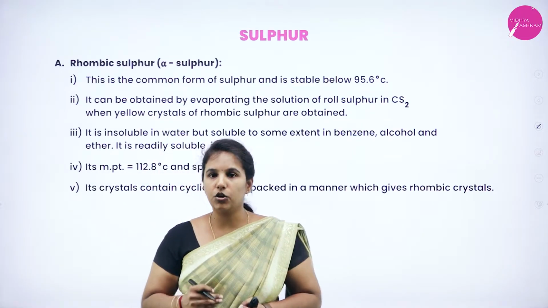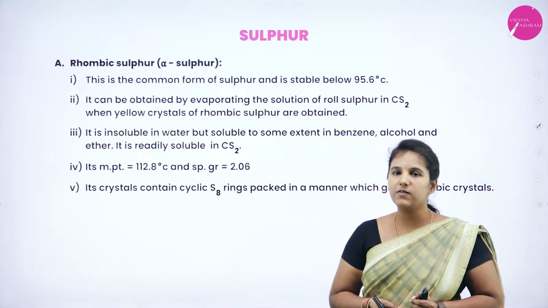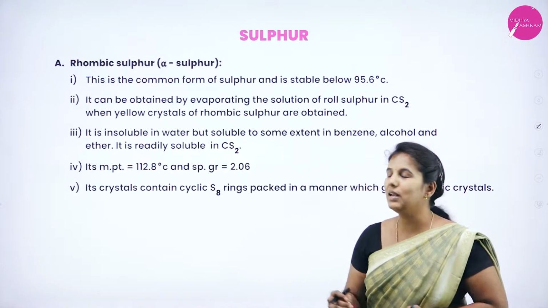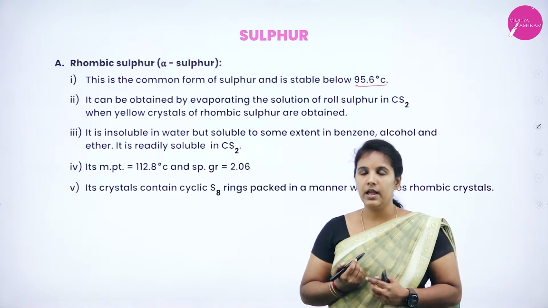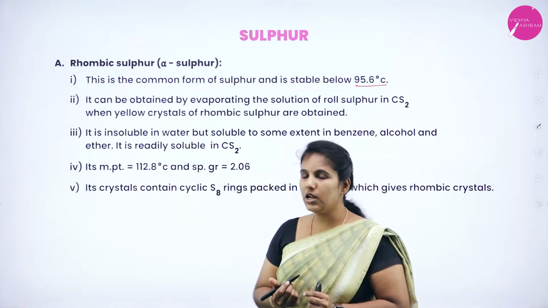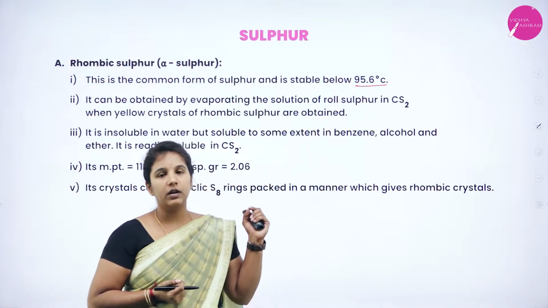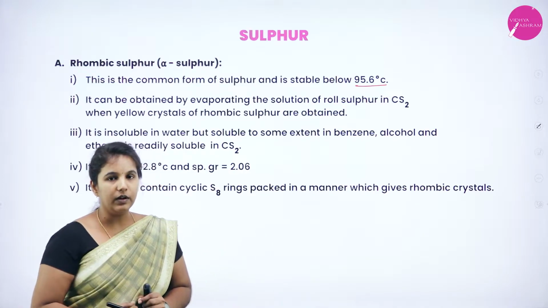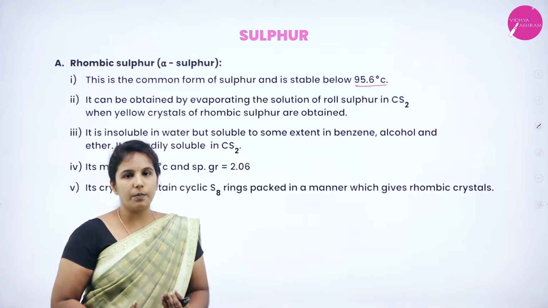Rhombic sulfur is the most common allotrope of sulfur and it is stable up to 95.6 degrees Celsius. It is usually prepared by taking a solution of sulfur in carbon disulfide and allowing it to evaporate.